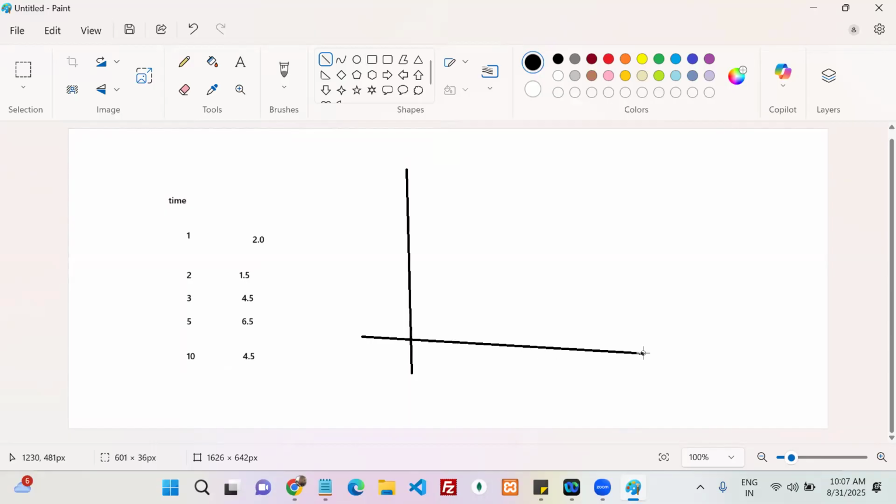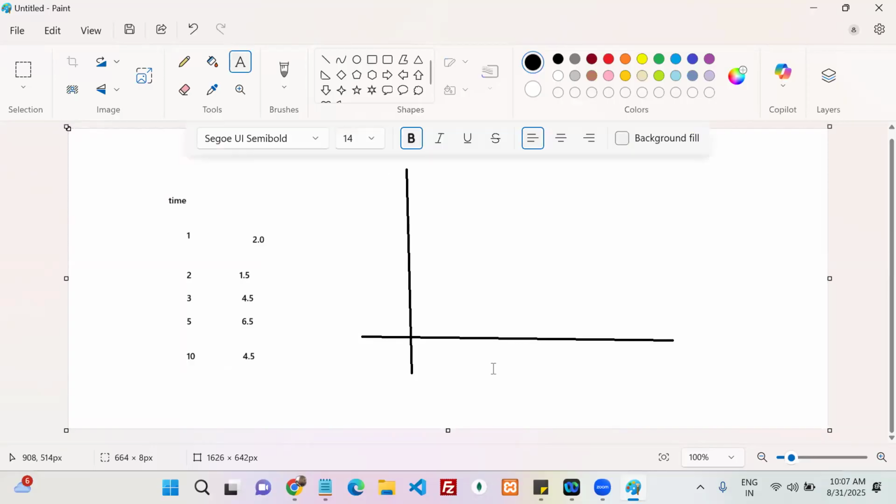Which one is independent and which one is dependent? My time is independent, and my GPA is dependent. Now I want to put some points, right?